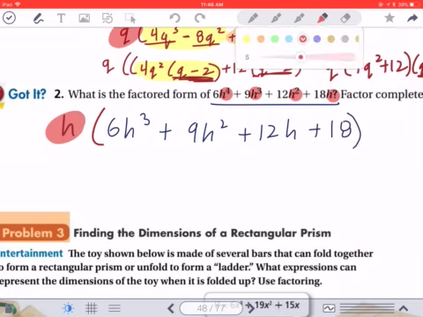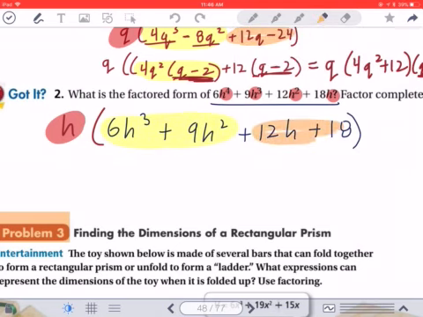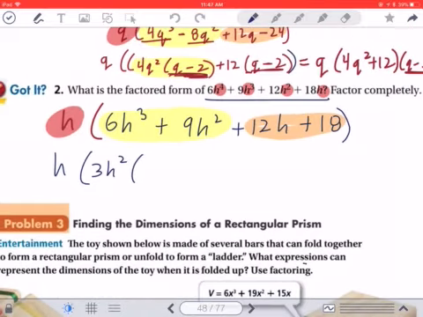From there, I'm going to factor by grouping. I'm going to group these two together and these two together, and the h is still hanging out. I can factor out a 3h squared, and what's left is going to be 2h plus 3.